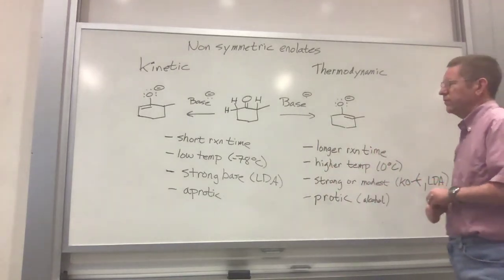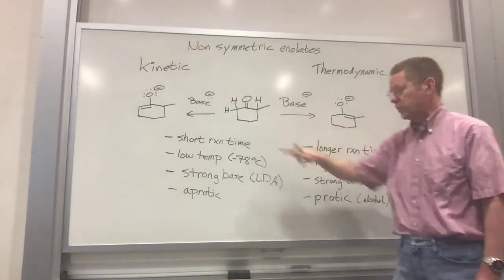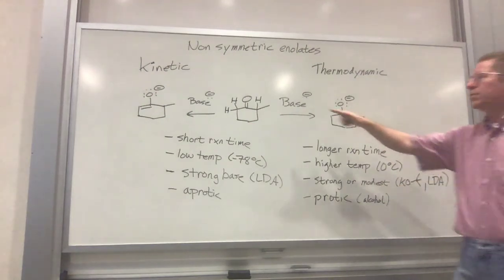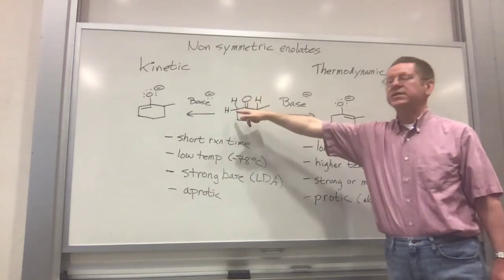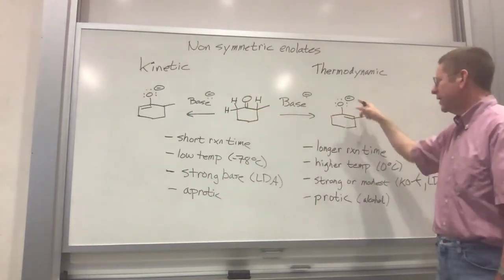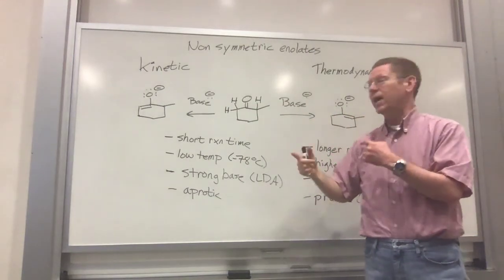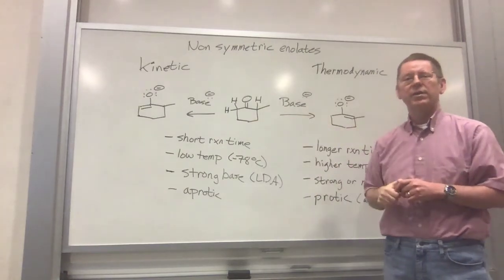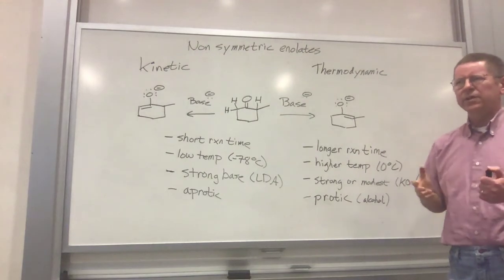You can also simply have a slight excess of your starting ketone relative to your base, even a strong base, because that excess carbonyl form has acidic alpha protons. They can react with an enolate to basically flip-flop what was the enolate and what was the carbonyl form. A little complicated there, trying to think through that.